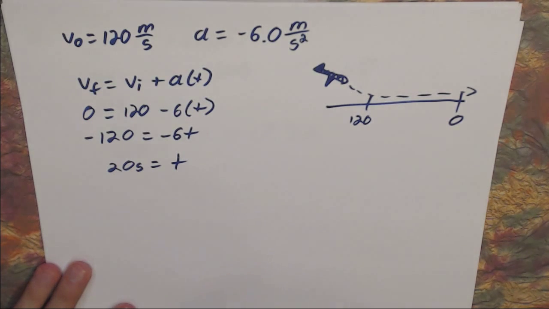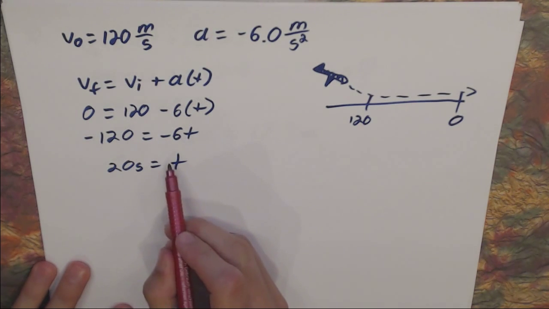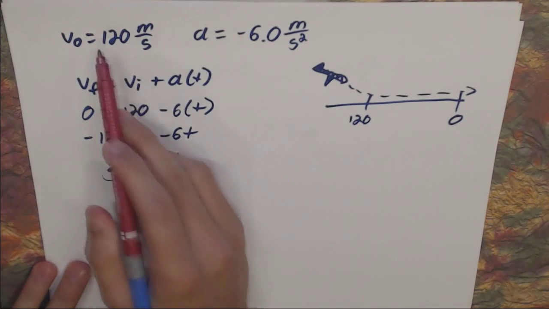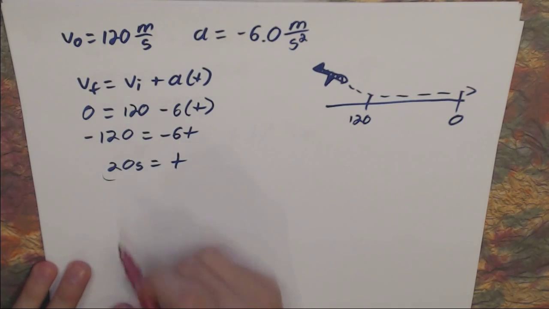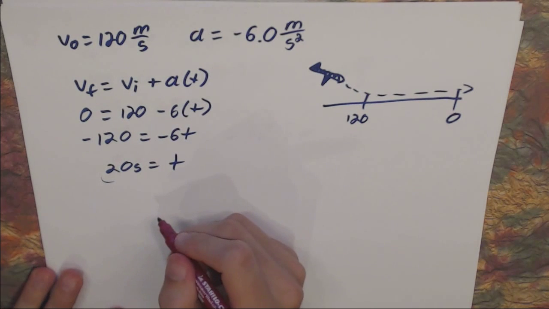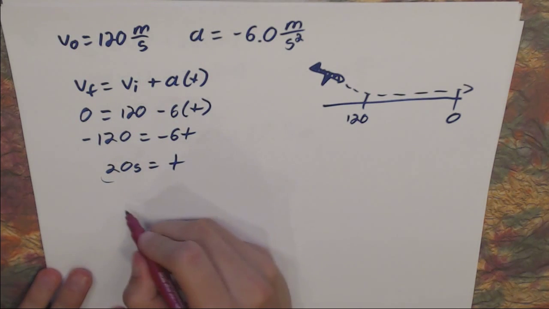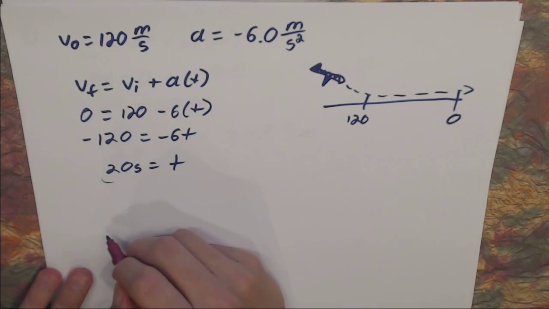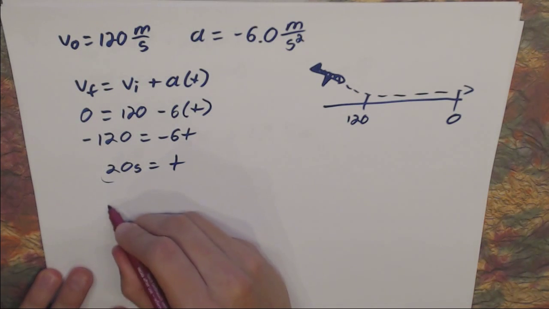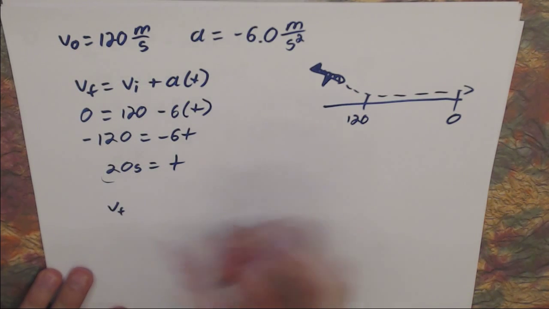Part B asks, can the plane land on a naval aircraft carrier where the runway is 0.80 kilometers long? And to figure this out, we need to figure out how far the plane travels in 20 seconds with this initial velocity and this acceleration. So we're going to use another equation, actually there's a couple equations, so let's use the timeless equation, even though there's a couple ways.